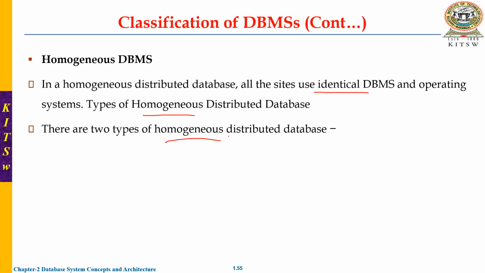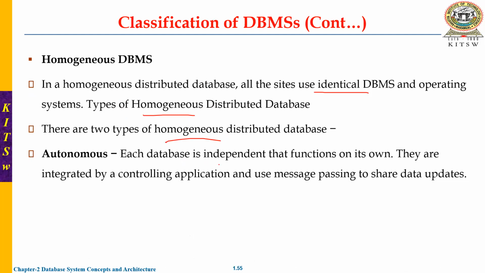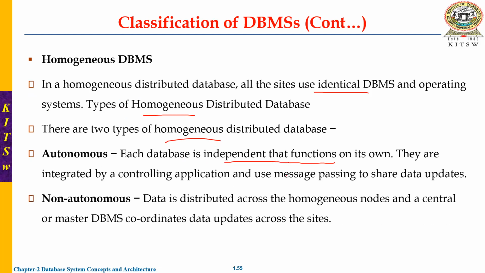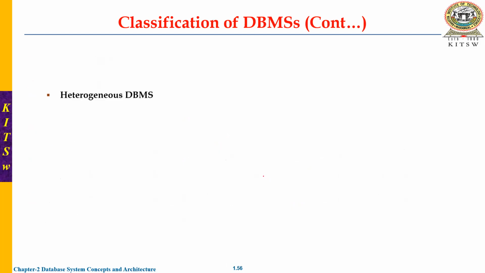There are two types of homogeneous. One is autonomous, which is independent and functions on its own, and non-autonomous, where data is distributed across the homogeneous nodes and a central or master DBMS coordinates data updates across the sites.